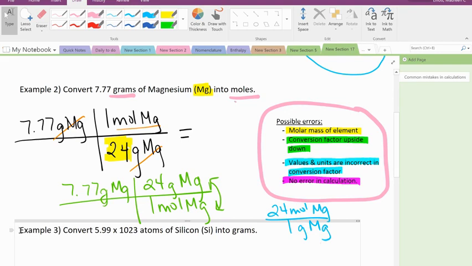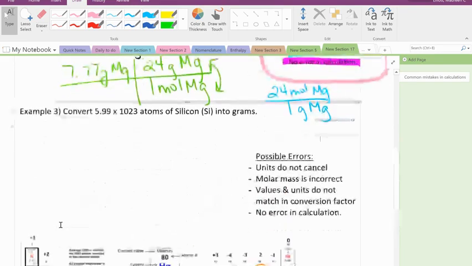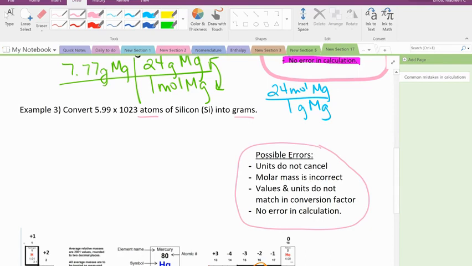All right, let's take a look at our third example as we go down. So the last one we're going to take a look at is a conversion from atoms into grams. Now this is a two-step conversion, and so there are different possible mistakes that we can look at. The first is that the units just don't cancel accurately.